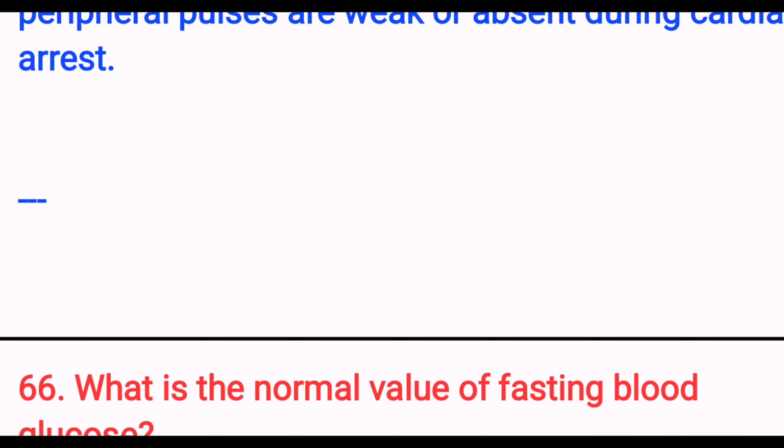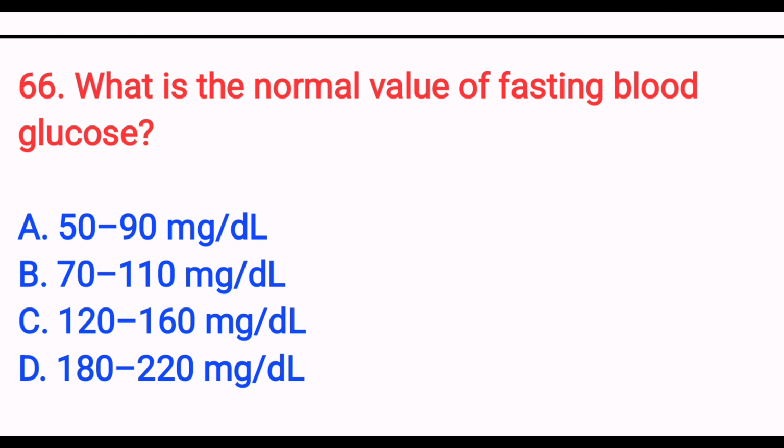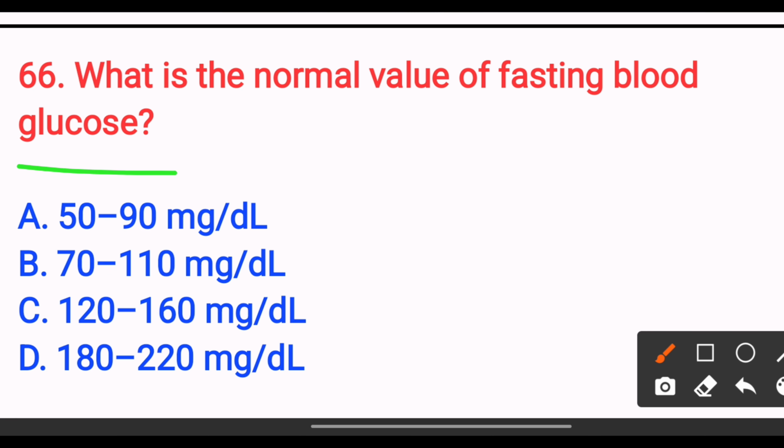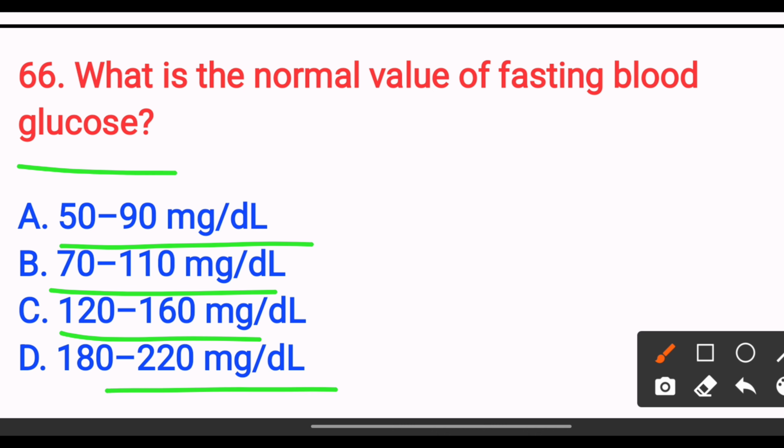Next, what is the normal value of fasting blood glucose? Option A, 50 to 90 mg per dL. Option B, 70 to 110 mg per dL. Option C, 120 to 160 mg per dL. Option D, 180 to 220 mg per dL.